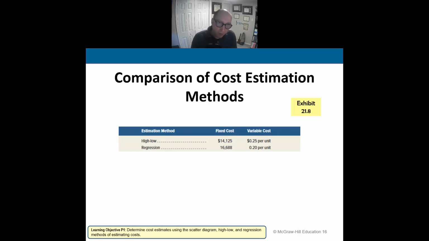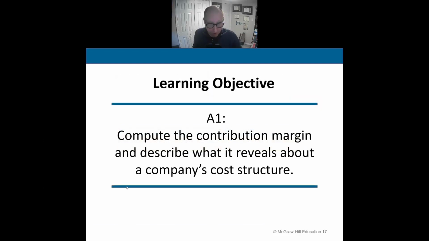For example, you can compare the high-low method to the regression analysis method. You'll find some differences in fixed cost and in variable cost. Regardless of the method that you use, the results will be similar. The results will either be similar or the same to some degree.